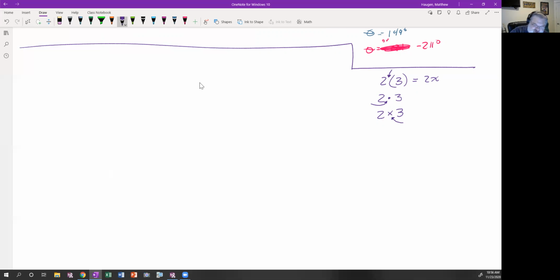And you had these three different notations for multiplication. Did that ever seem weird? That there were three different notations for multiplication? I mean, we don't have three different pluses, do we? Well, I'll let you in on the secret. There are three different notations for multiplication because they mean three completely different things.